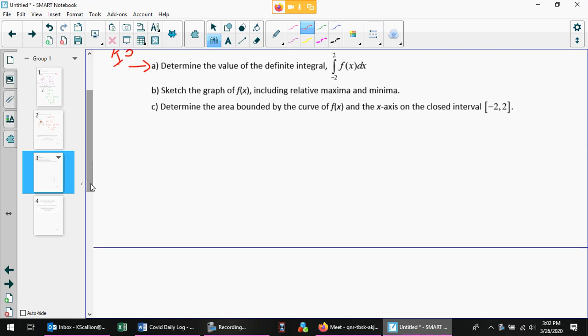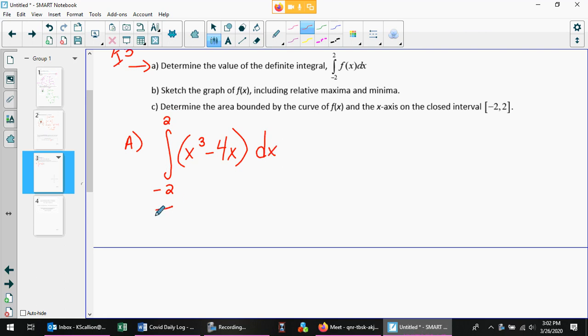So part A, I'm taking the integral of, what was my integral? x cubed minus 4x, and it gave us a boundary of 2 and negative 2. So it's just giving us something to work with, differentiated with respect to dx.